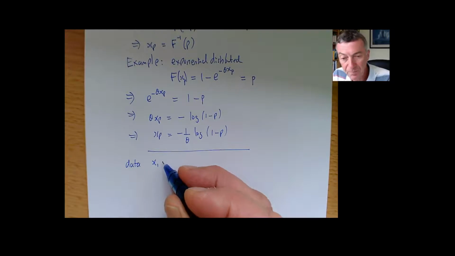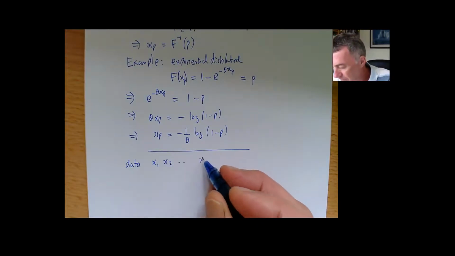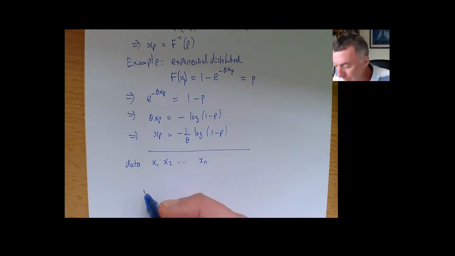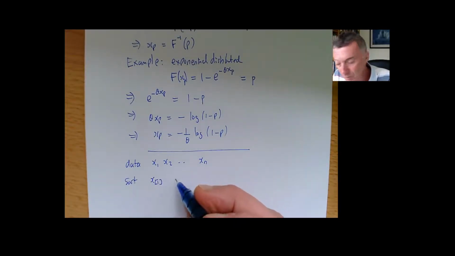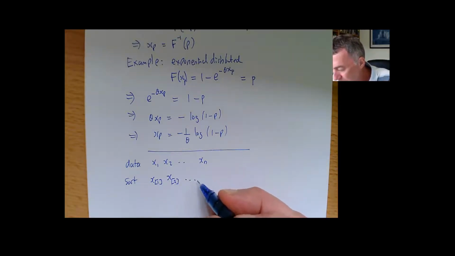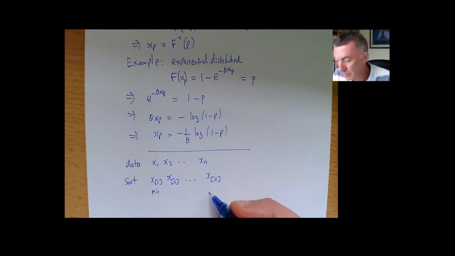We've got x1, x2, up to n values, and we can sort them into the smallest value, let's call it x square brackets 1, the next biggest value, right up to the maximum value. So this one at the bottom is the minimum, and this one at the top is the max.